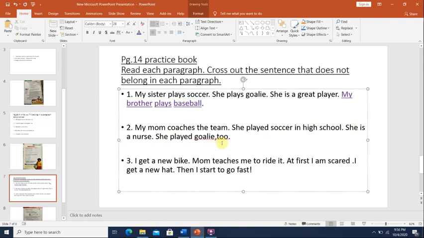She played goalie too. Which sentence here doesn't match with the paragraph about their mom being the coach and that she used to play soccer? It's the sentence that says she is a nurse. It doesn't match with the rest of the paragraph. Why would we write that she's a nurse? It doesn't go with the paragraph.